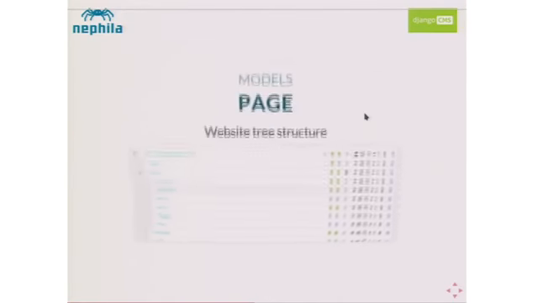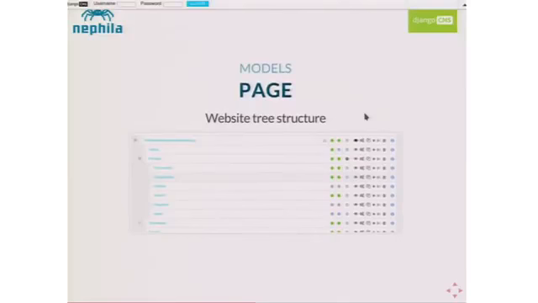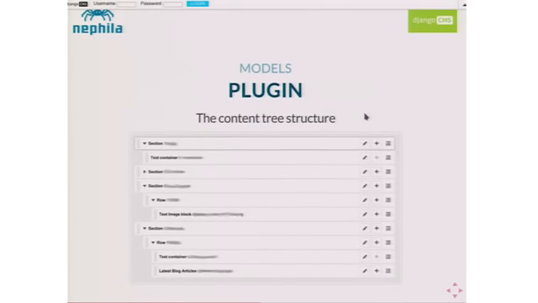And so the interface is quite simple at that stage. As you've seen before, this is the page tree, so we have all the pages nested one into another. And this is how the plugin tree is rendered. Every placeholder has its own tree of plugins.